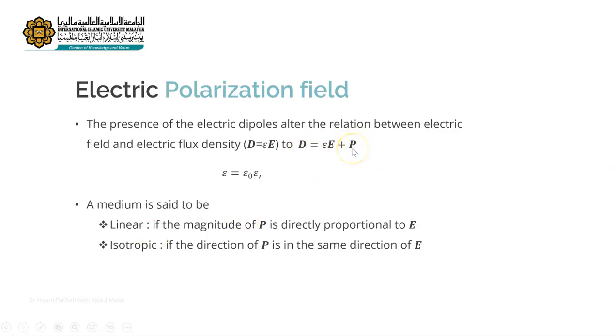So P here, if it is directly proportional to E, the medium is said to be linear. And if P is in the same direction as the electric field, we call the medium isotropic.